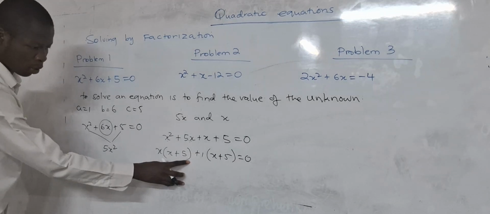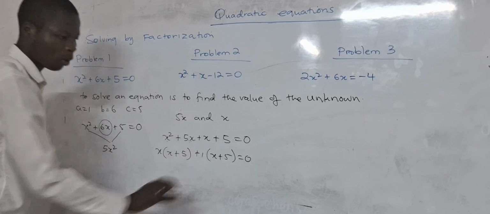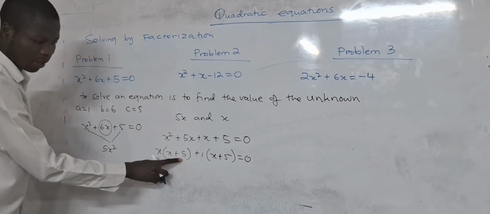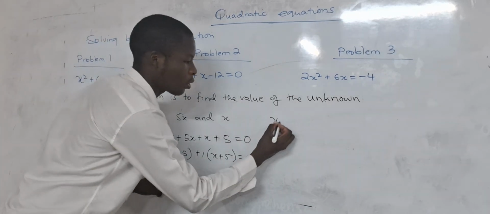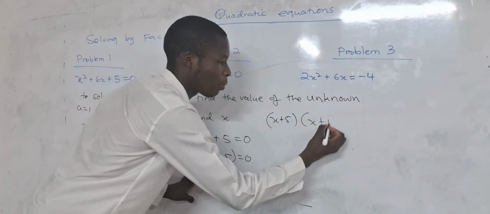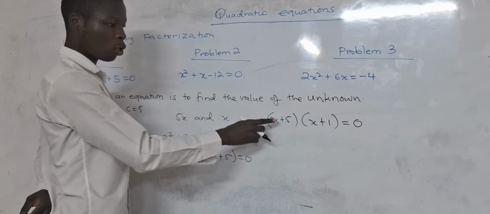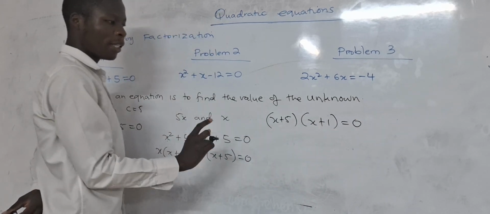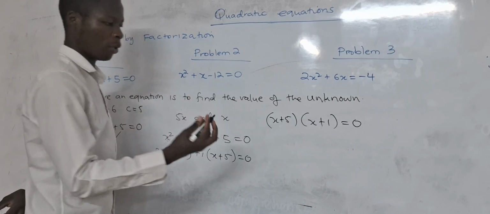Now, this is x multiplied by this plus 1 multiplied by this is equal to 0. Now, the common factor is x plus 5. You factor out x plus 5. x plus 5 multiplied by x plus 1 is equal to 0. If this multiplied by this is equal to 0, it means one of these two terms is equal to 0.